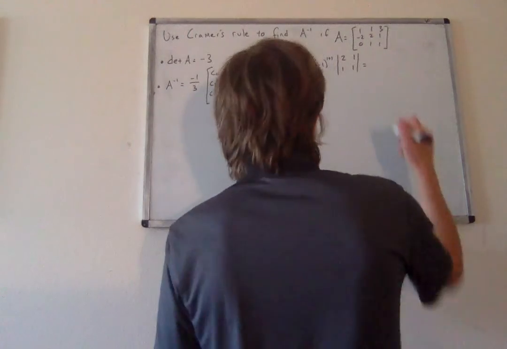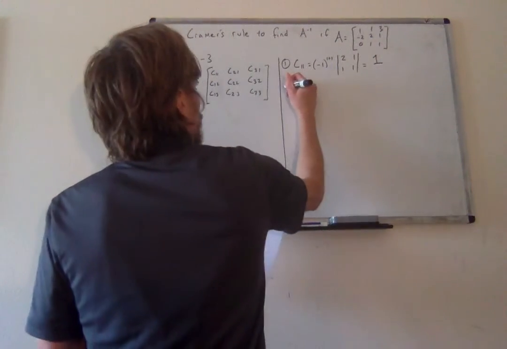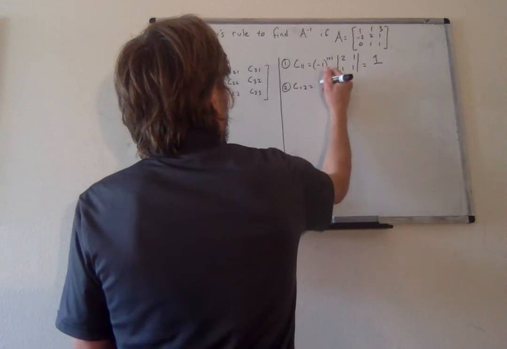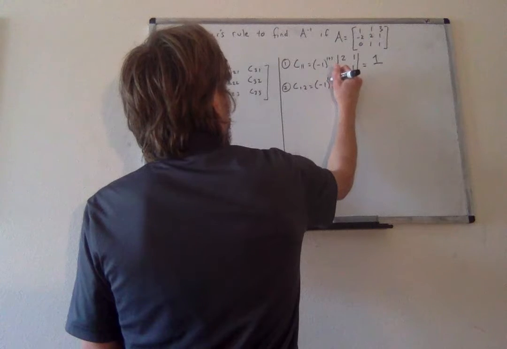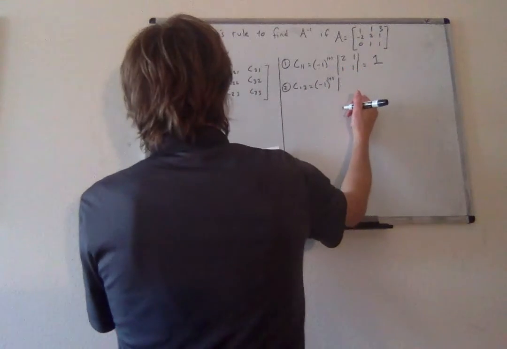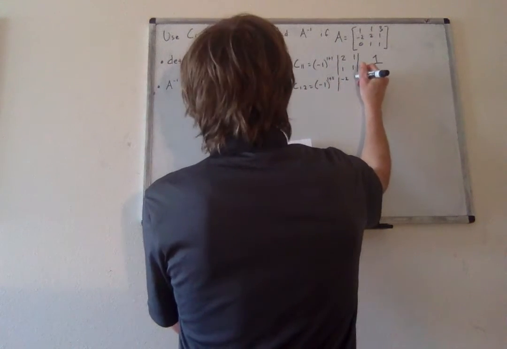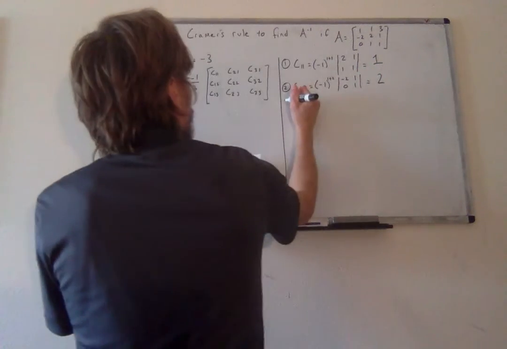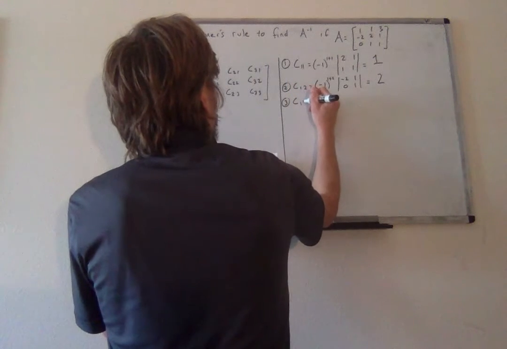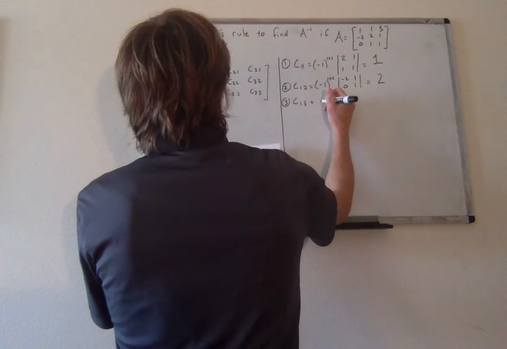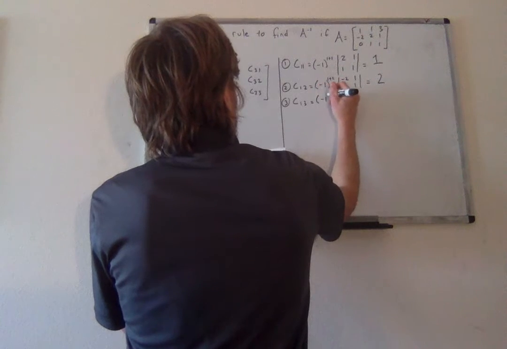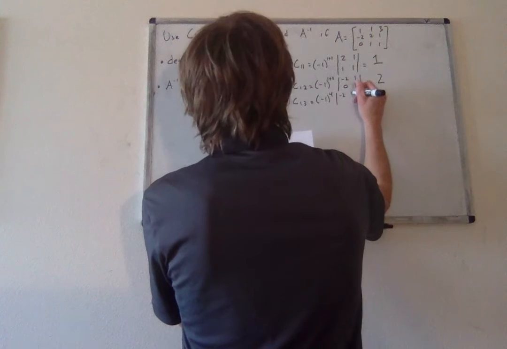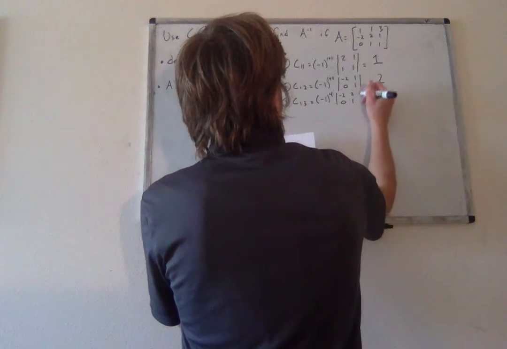And so working that out, I get 2. Next we want to do C12, negative 1 to the 1 plus 2 times the determinant of negative 2, 1, 0, 1, which is equal to 2. 3, C13 is equal to negative 1 to the 1 plus 3, which is 4, times the determinant of negative 2, 2, 0, 1.